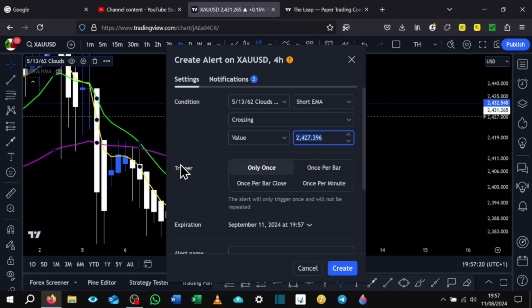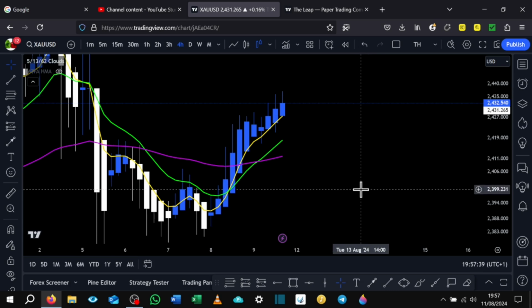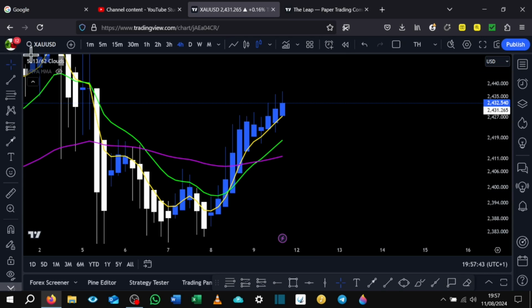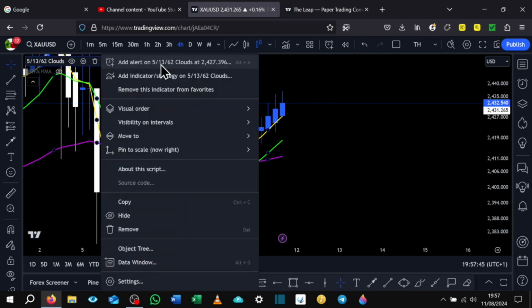Just because I've got so many alerts, I might as well take advantage of them. Actually, saying that, you can't do the 3. So we can only do 2. We can't actually set an alert for all 3 EMAs crossing. However, what we could do, just by looking at this, is have price with the 62 EMA.